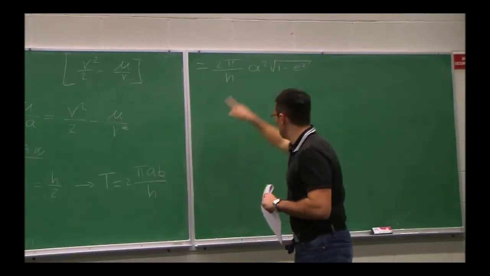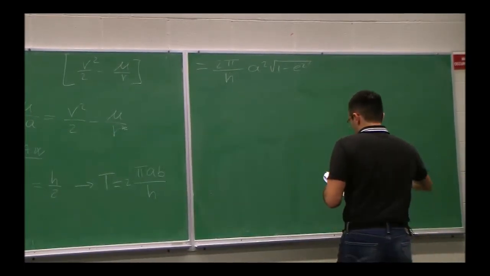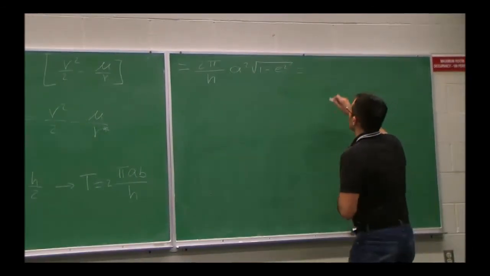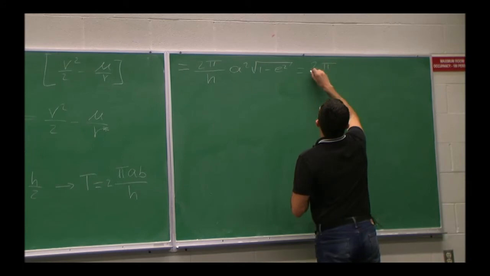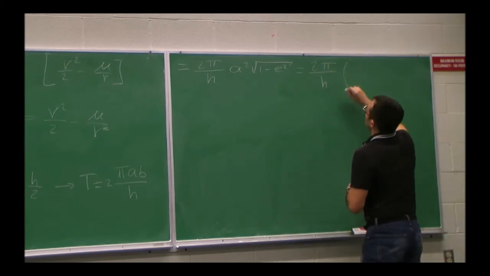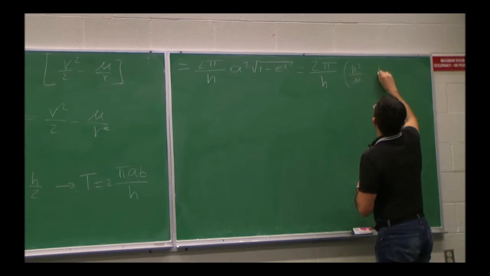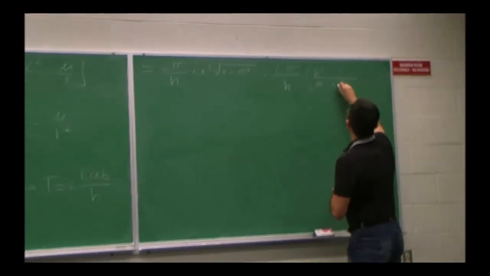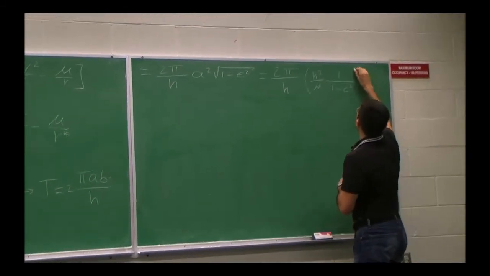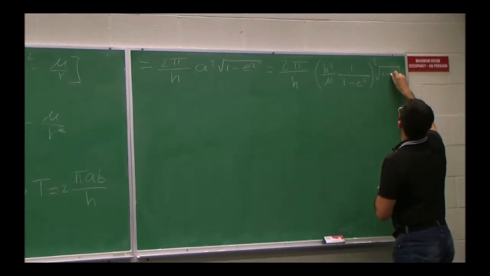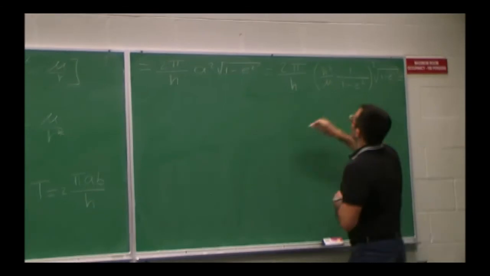So I change b into a times square root. A, I know what that is. It's right there. 2 pi over h, which is multiplying h squared over mu 1 over 1 minus e squared. This whole thing is squared, and I have a square root of 1 minus e squared. Okay?